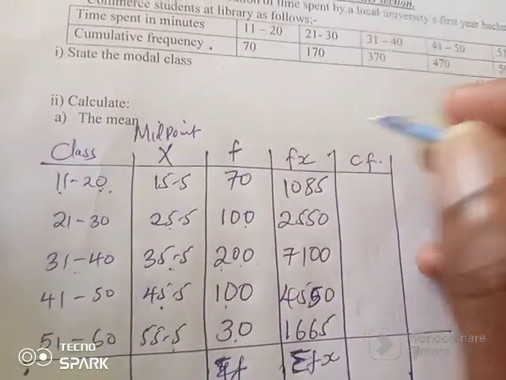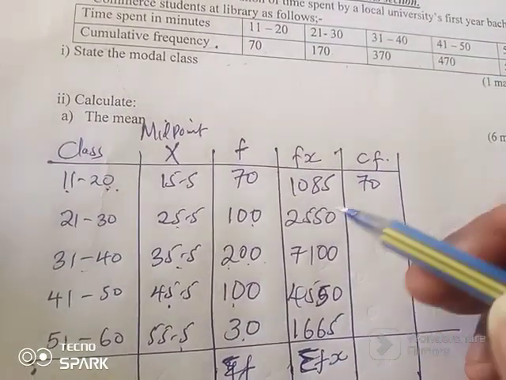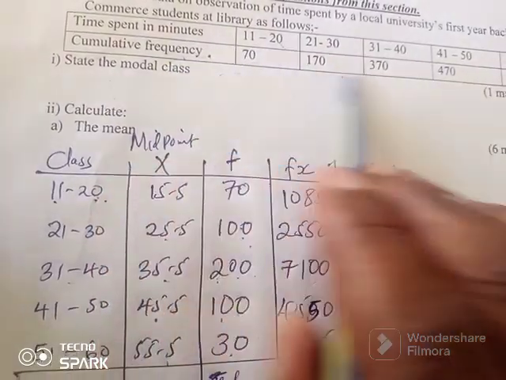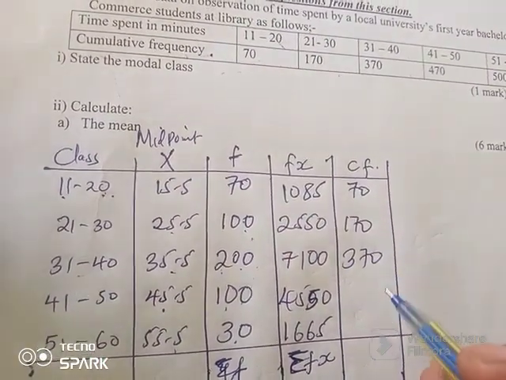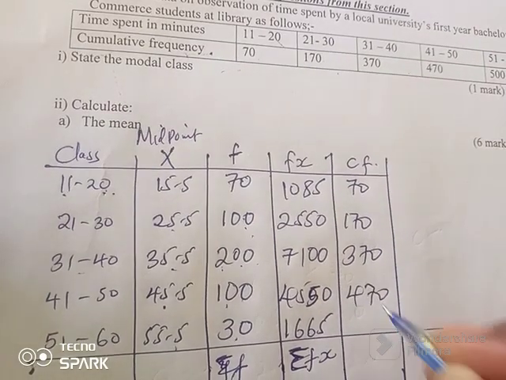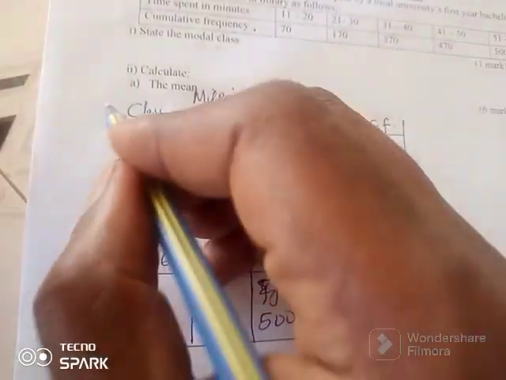Cumulatively, of course, the first class we had 70, so we are adding them the way they were done here. That is 170, 370, 470, then 500. So that table is completely done, guys.